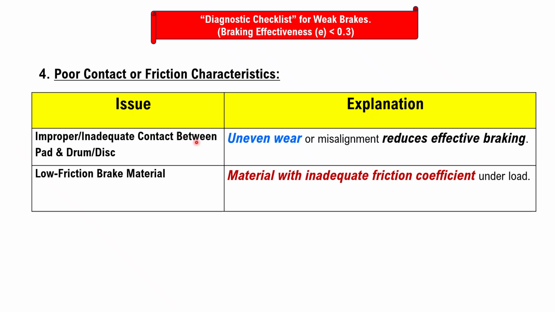Uneven wear or misalignment reduces effective braking. Number two, low friction brake material. Material with inadequate friction coefficient under load results in poor performance of braking.